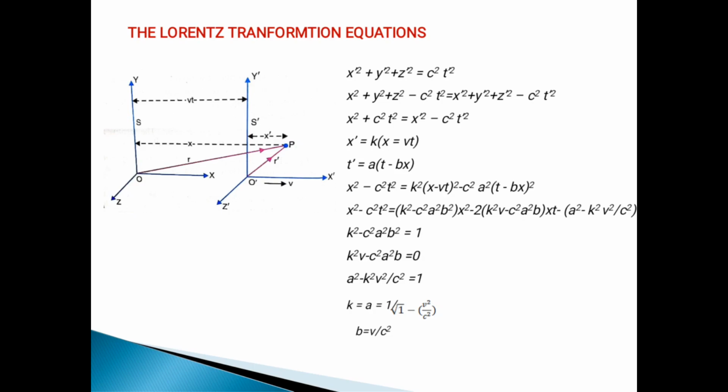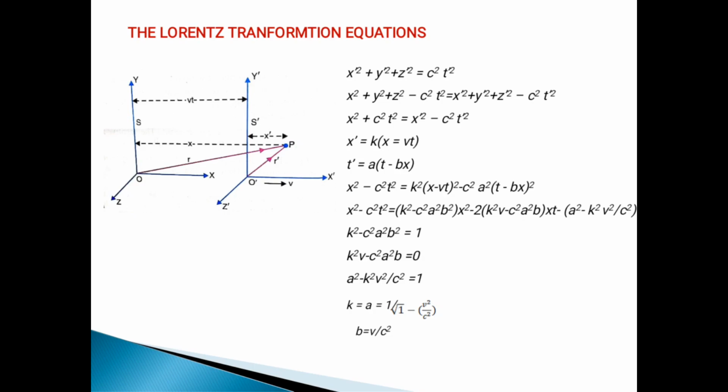Let there be two inertial systems, S and S prime, the latter moving with velocity v relative to the former along the positive direction of the x-axis. Let there be two observers O and O prime situated at the origin of S and S prime respectively.